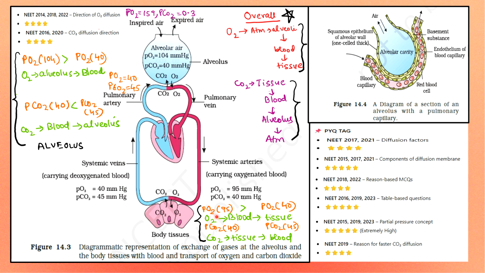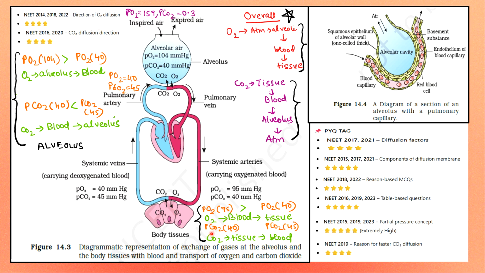Now if you see oxygen individually, the partial pressure inside the blood in systemic arteries is 95 and partial pressure in tissues is 40. So 95 is more than 40. So oxygen will diffuse from the higher concentration, that is inside the systemic arteries or the blood vessels, to the tissue. So oxygen diffuses from the blood to the tissue.